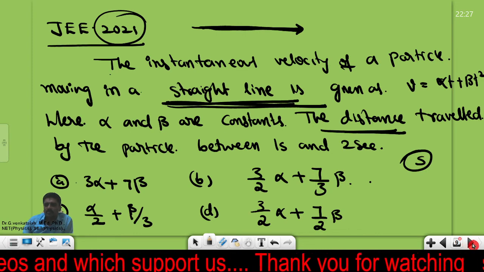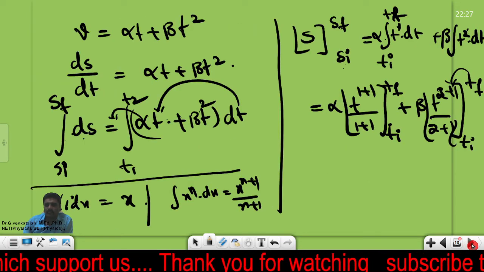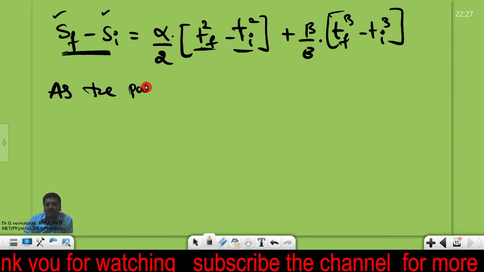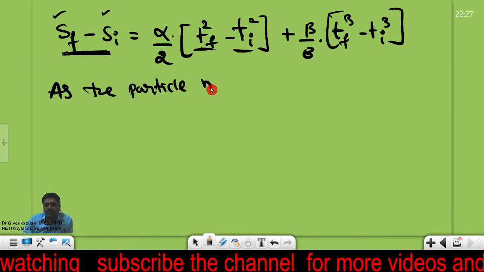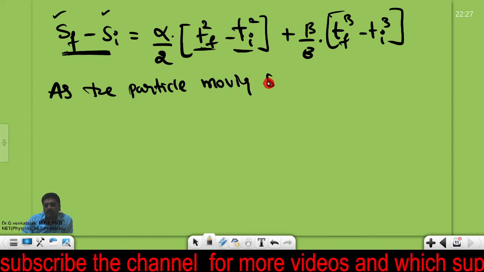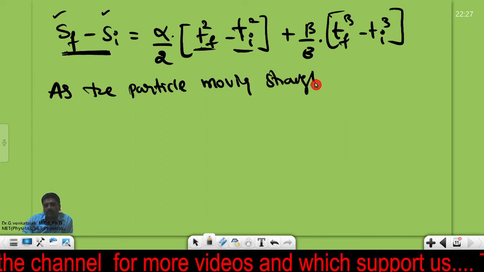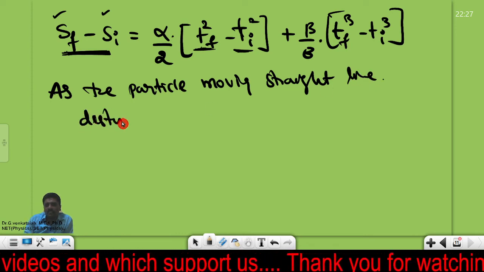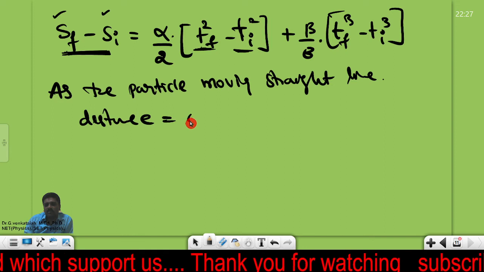As the particle is moving in a straight line, what is the condition? Distance is equal to displacement.